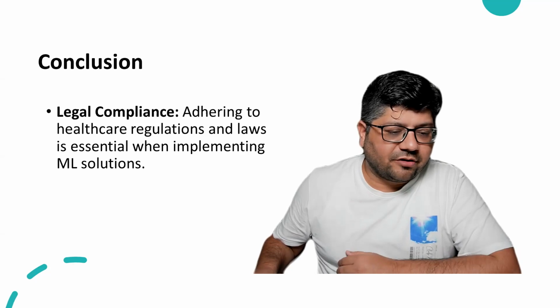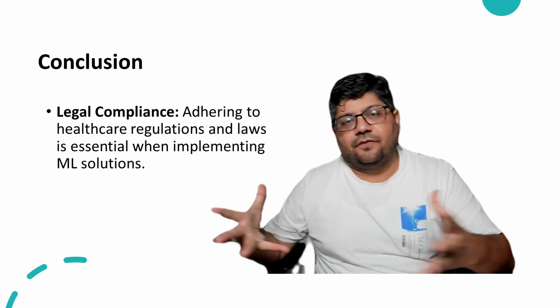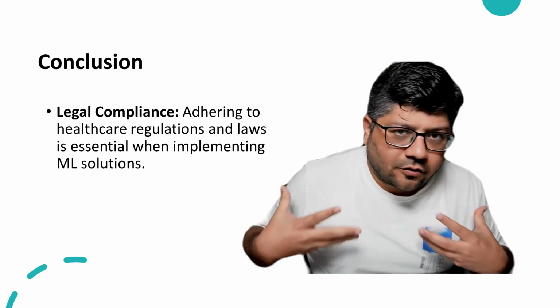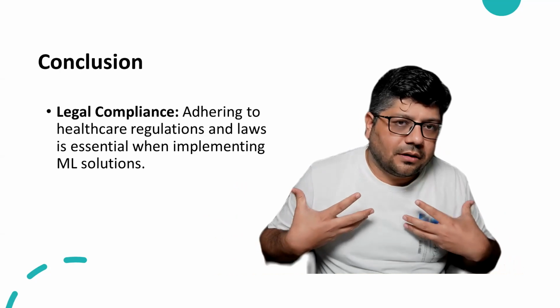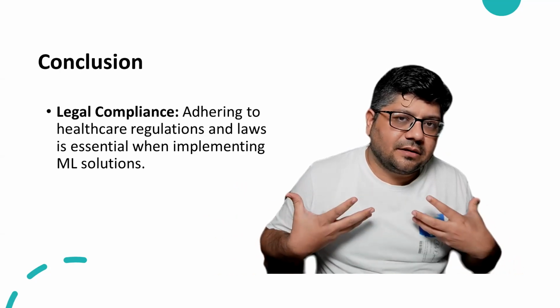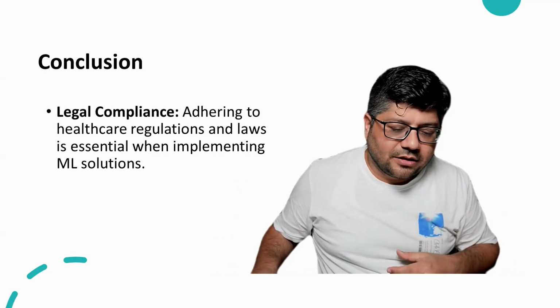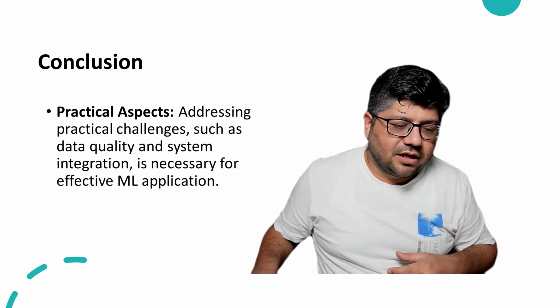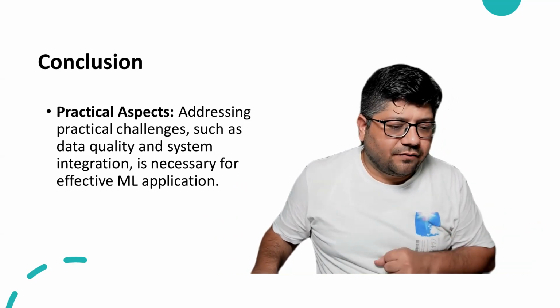Same goes for the legal compliance. In a lot of places, we still do not know what needs to be done, right? So legal aspects need to be clarified, and a lot of uncertainties need to be removed. Therefore, we are able to use machine learning models.